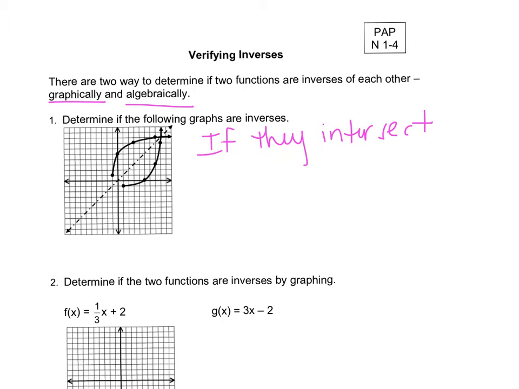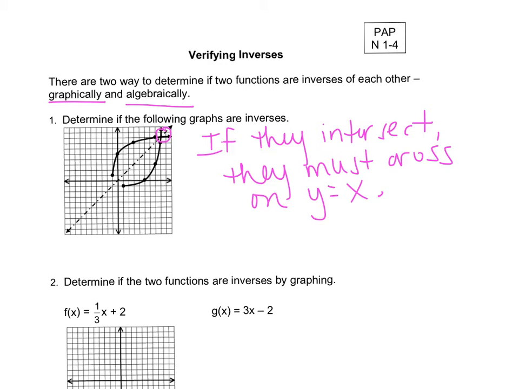So if they intersect or cross, it must be on your reflection line, which is y equals x. Notice here they do intersect, and it is on that y equals x line. Again, they don't have to intersect, but if they do intersect, it has to be on the y equals x line. Remember, you can just look at your points too.